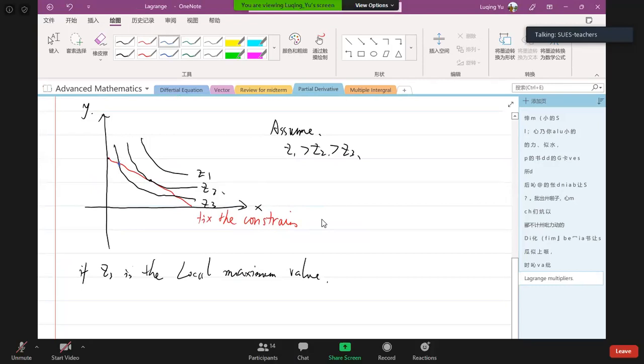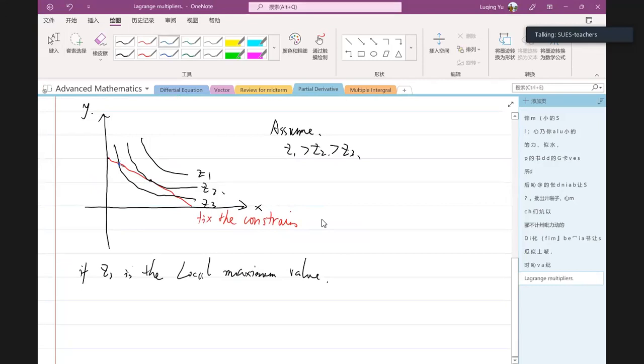However, these points under the constraint can move around.